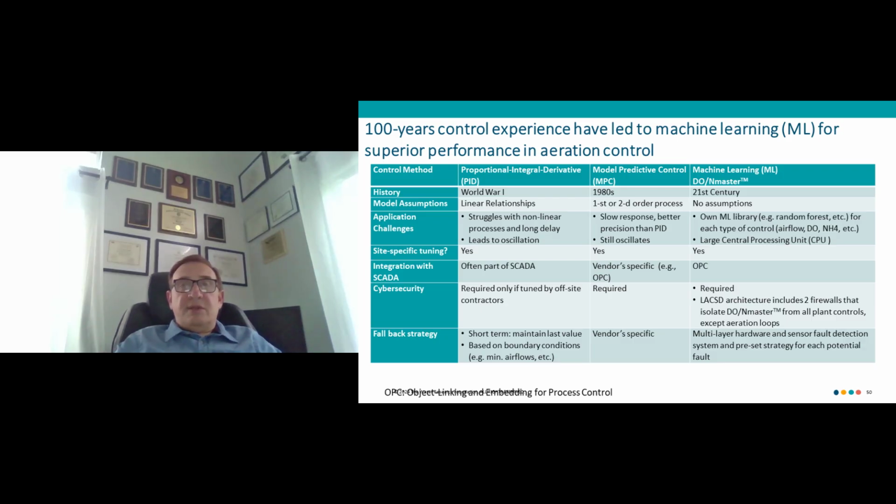The challenge, though, lies in finding the match between machine learning libraries, such as random forest and neural networks, there are thousands of them, and a specific control, whether it's airflow, DO, or ammonia. Once selected, the same machine learning library could be used for the same loop at any activated sludge system. Indeed, the libraries that were selected in Chico were successfully applied to the same loops in Pomona.